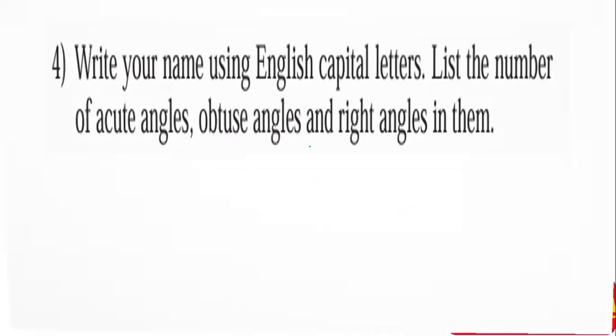Next, fourth one. Write your name using English capital letters. List the numbers of acute angles, obtuse angles, and right angles in them. You can write any name, like Basava.